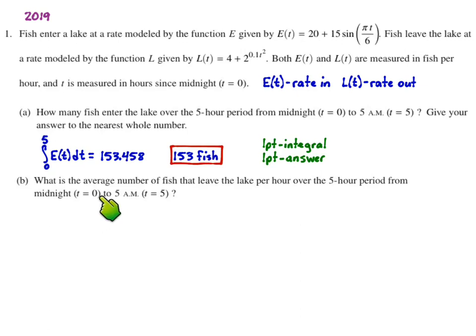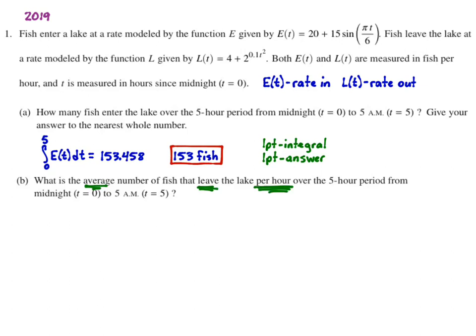Because here we see average number of fish. And if we stop there, we're thinking the average amount of the number of fish. But if we keep going, it says that leave the lake per hour. So we are actually asking for an average rate. So we've got to pay attention to those three terms there.